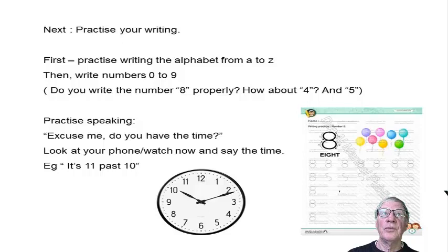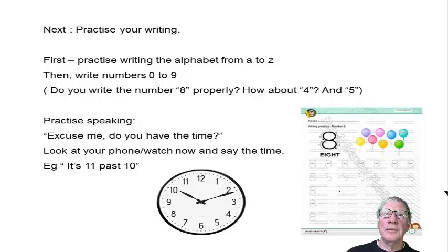As I said before, you'd write the letters very carefully and then write numbers 0 to 9. Now pay attention to the letter 8. Do you write the number 8 properly? How about 4 and 5?